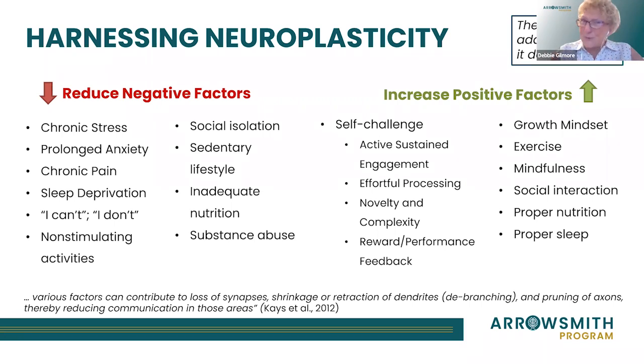It's our choice, of course, but we probably want to reduce the negative factors of neuroplasticity on our brain. So we want to reduce things like chronic stress, prolonged anxiety, sleep deprivation, a fixed mindset that has us saying words like "I can't" or "I don't do that."